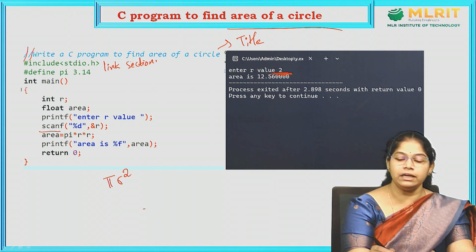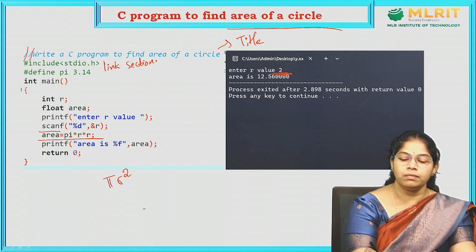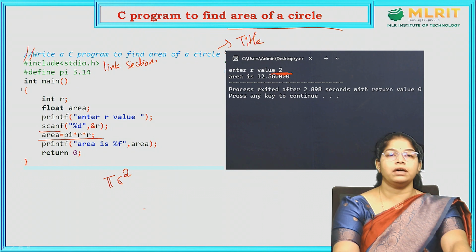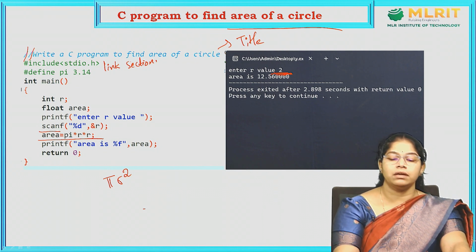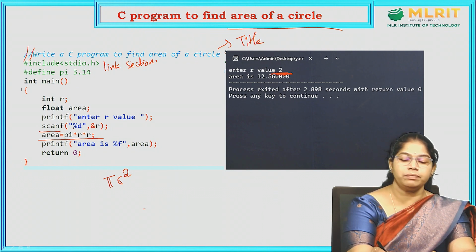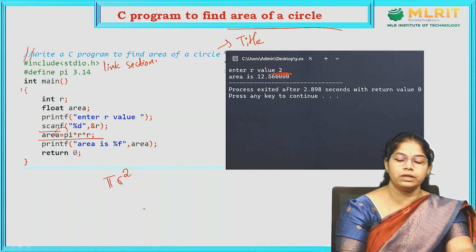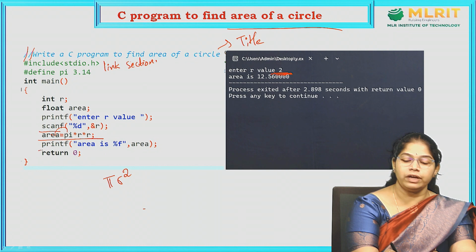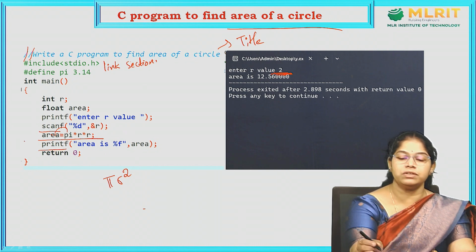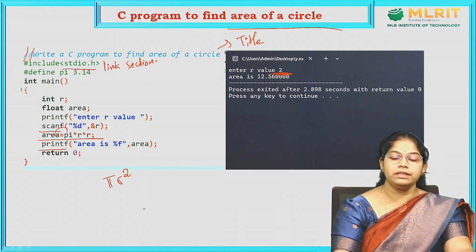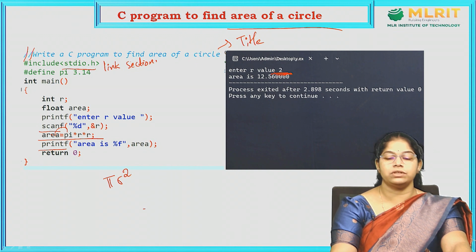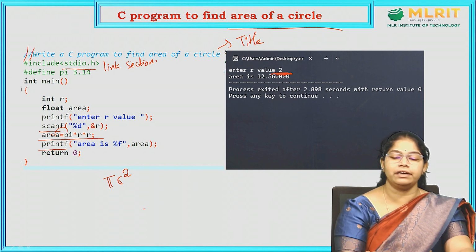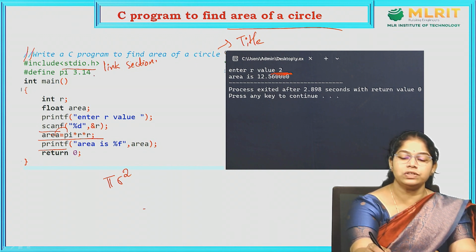After reading that, it has to perform area equal to pi into r, where the area of a circle is pi r square. It performs this operation and the result is stored in the variable area. To print that value, we have to use a printf function. These two functions are defined in the header file stdio.h, so we have to link that header file. So this comes under the link section.